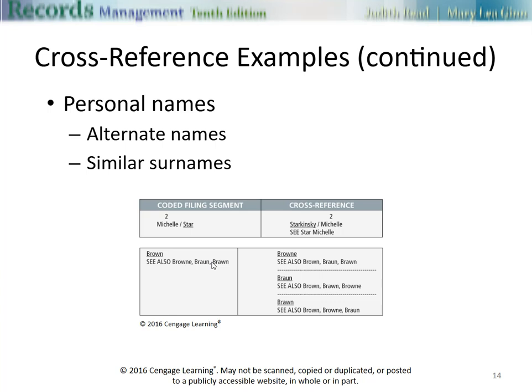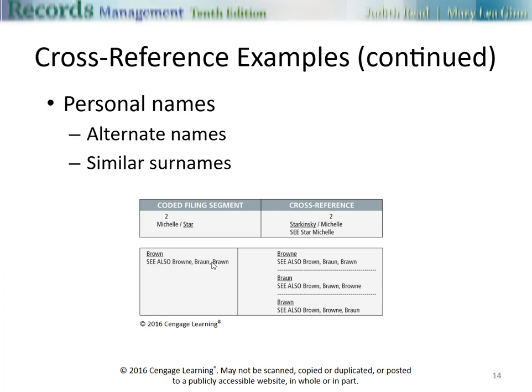And so if a staff member or a client calls and says, I need the file for Mr. Brown, you might not immediately know which one they mean. And so to avoid confusion, we also create cross-reference sheets for those variations.